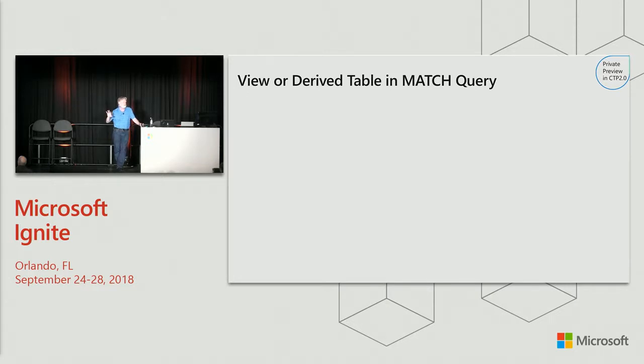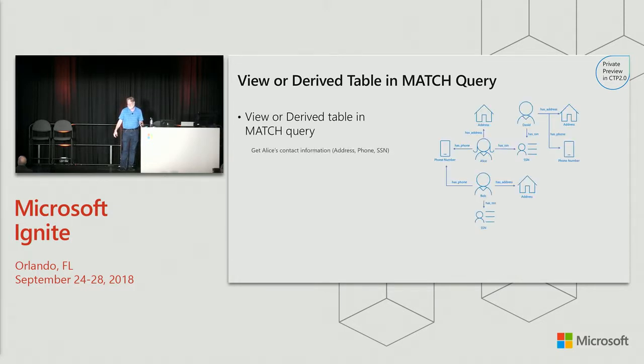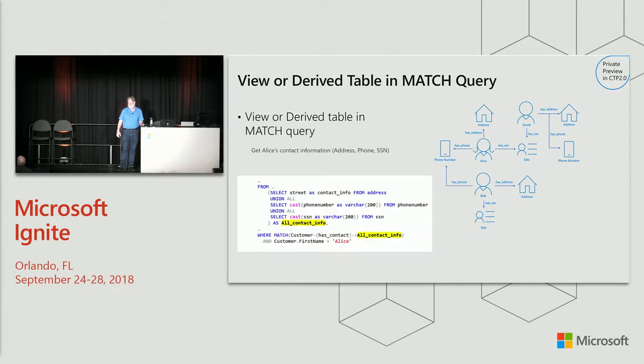Something that's new, in preview in CTP 2.0, is derived tables in match queries. So we're allowing you to have views or derived tables as participants within your match queries. In this case, get Alice's contact information: phone, address, social security number.